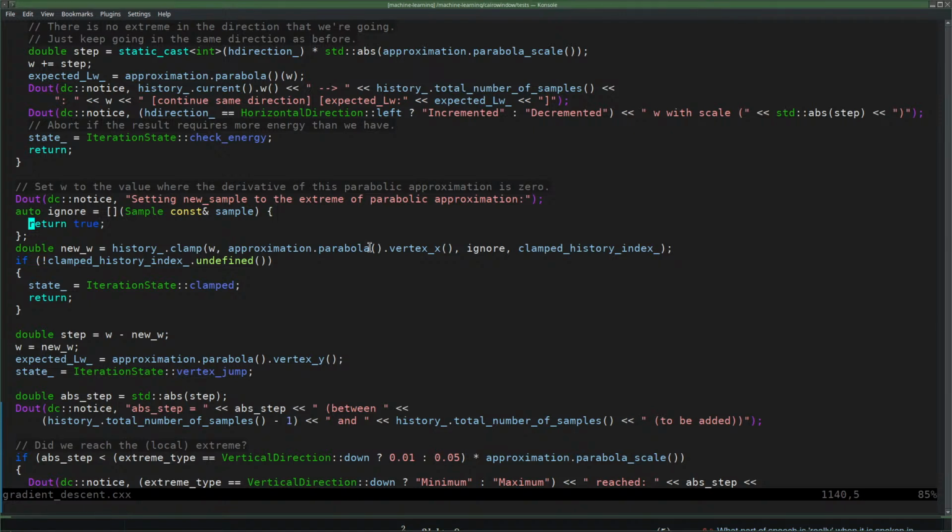I think W is the old value. So we want to jump from W to the vertex, the X coordinate of the vertex. And then this lambda is called with samples that it must decide on whether or not to ignore. Which means that W is the W0.